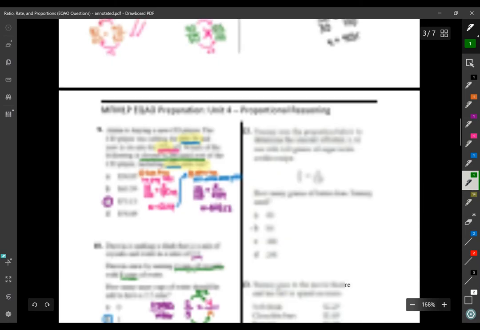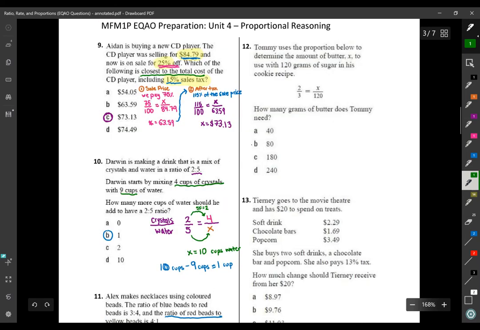Okay, let's go to question 12. Tommy uses the proportion below to determine the amount of butter, X, to use with 120 grams of sugar in his cookie recipe. How many grams of butter does Tommy need? Again, we can use the scale factor.